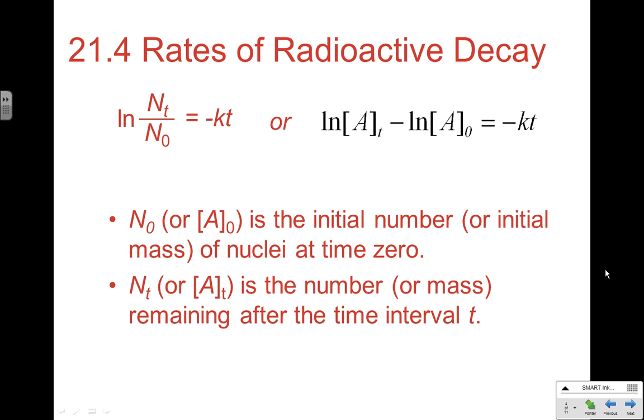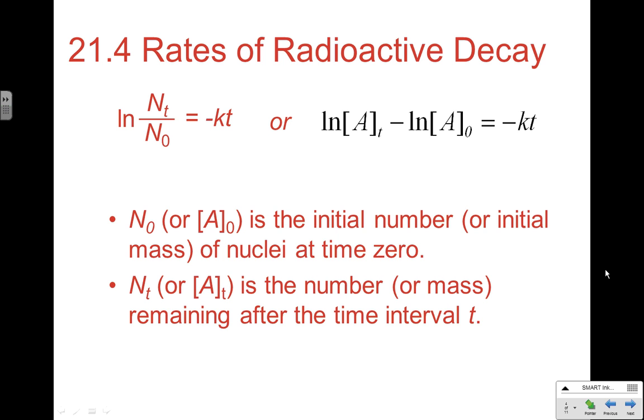Now, one of the things I didn't put in the notes here, but you're going to see this in a problem later, is we can also look at this as the amount of decay that's occurring. Because when you've got a larger sample, it's going to be decaying faster, simply because there are more particles there to actually decay.